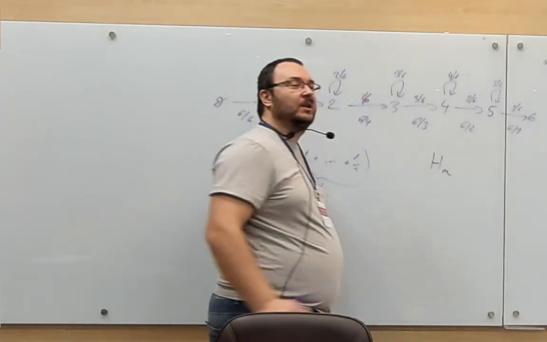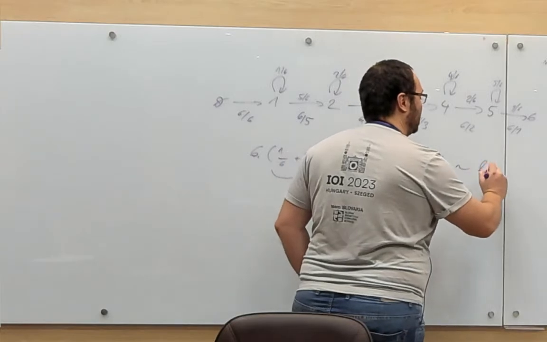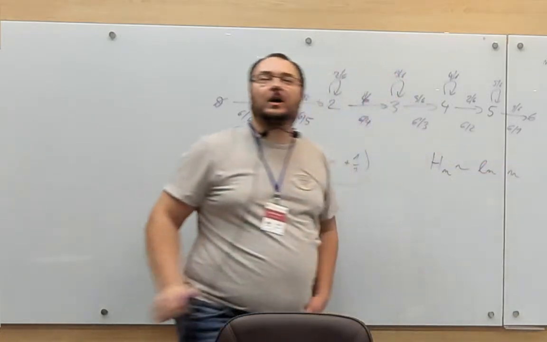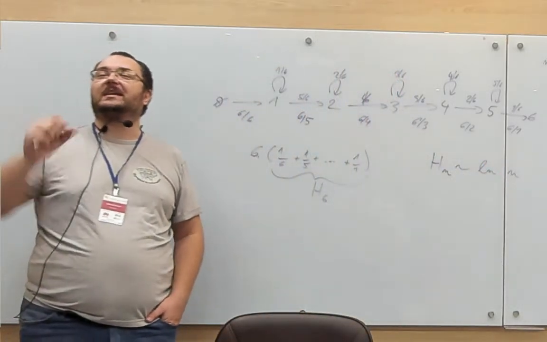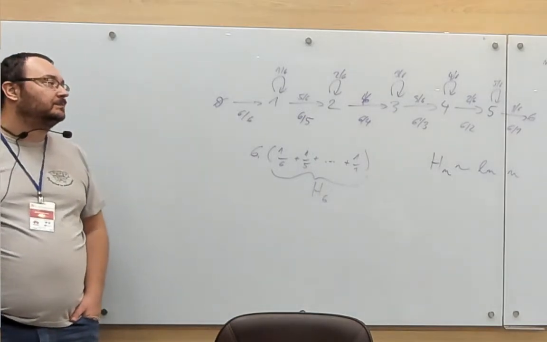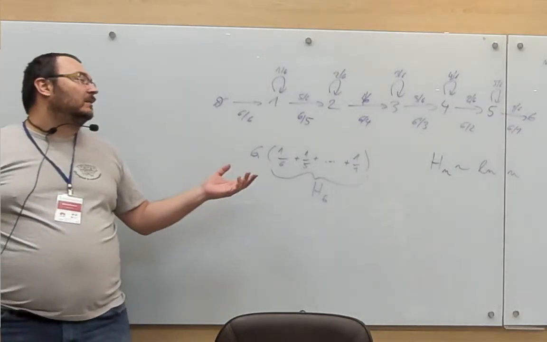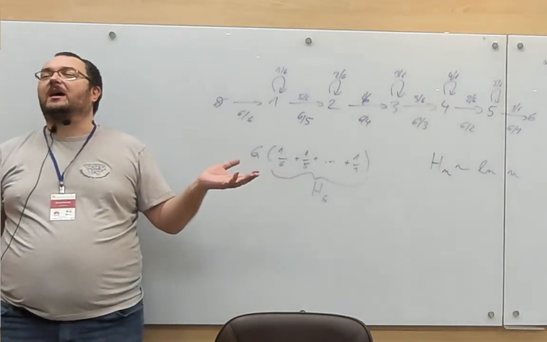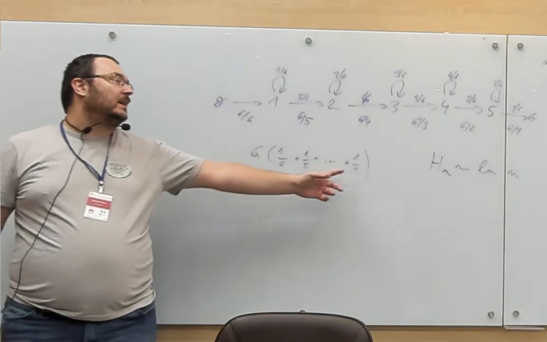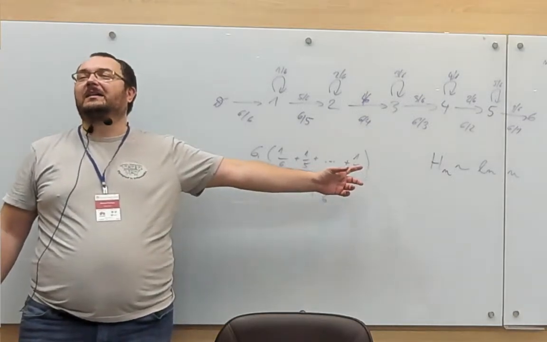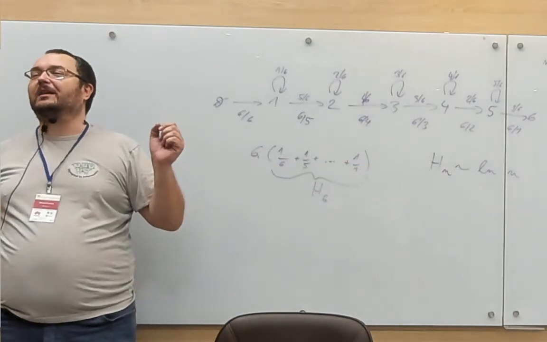And we know that the nth harmonic number is very, very close to the natural logarithm of n. So this is the logarithm with base e of n. And they differ only by a constant. And you can show this essentially. If you know integrals, it's pretty obvious because the integral of the function 1 over i is exactly the natural logarithm.